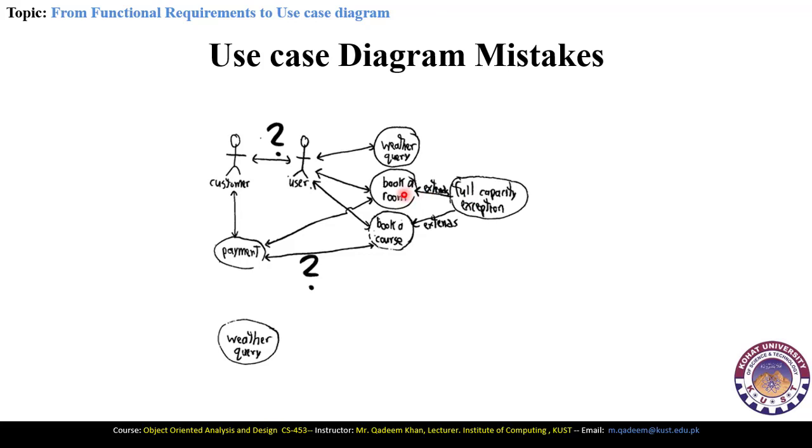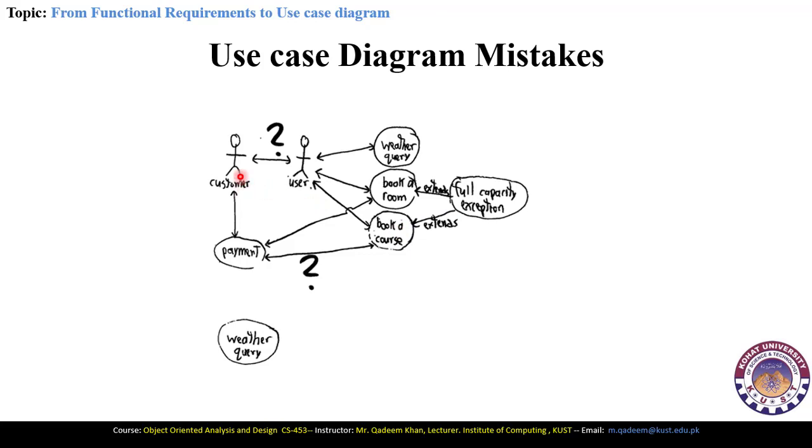And also we have another, for example, here is the query, that we can create the query of certain operations. But here you see that this is the extend relation, but this is not the proper way of extend scenarios. So this is not the proper standard definition of the extend relations.